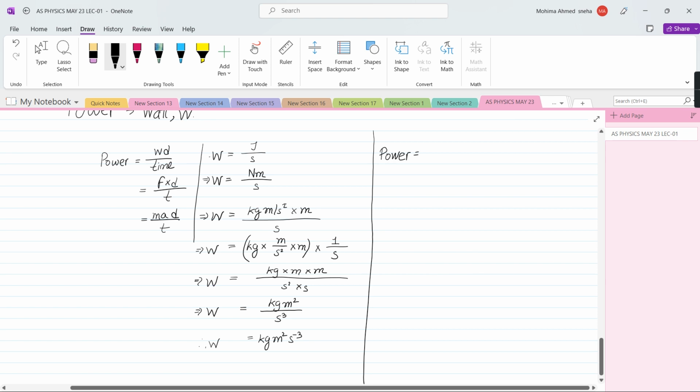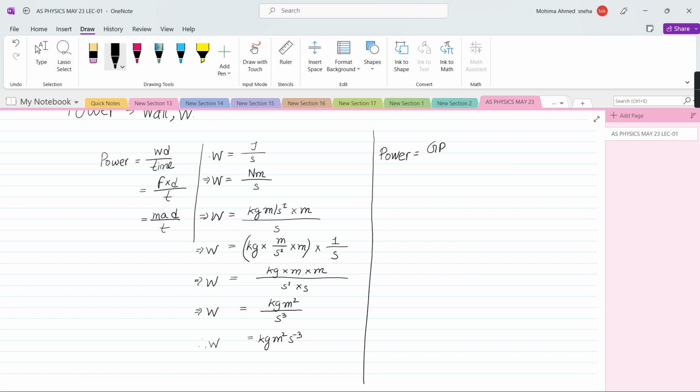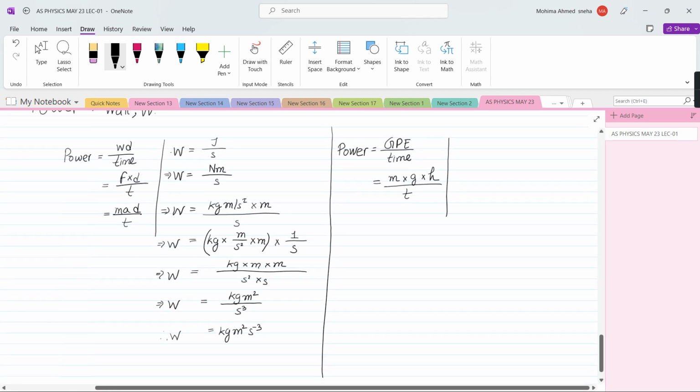Power equals energy by time. We are using gravitational potential energy over time, which can be broken down into mass into gravitational acceleration into height over time. Writing it in terms of units only, watt equals joules per second.